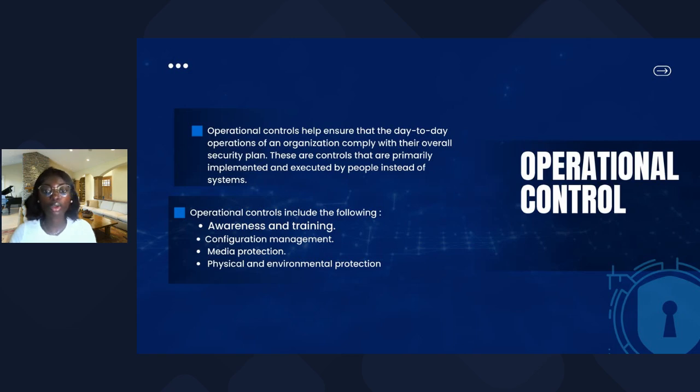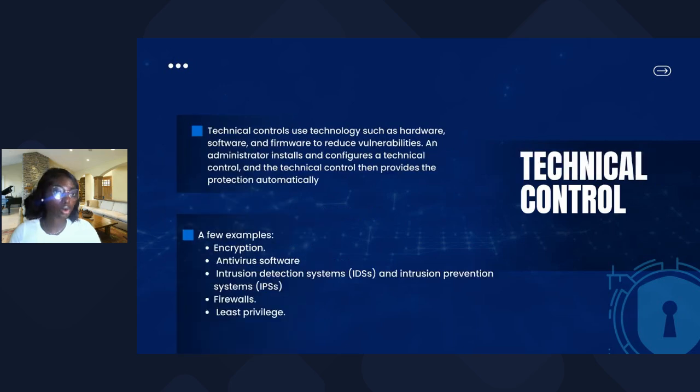So on the next slide we have the technical control. So technical control this time around uses technology. So remember, managerial is administrative, operational is implemented by people, and you have technical control this time around. It is the use of technology, right?